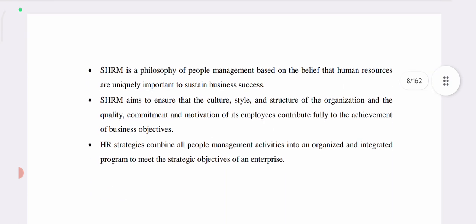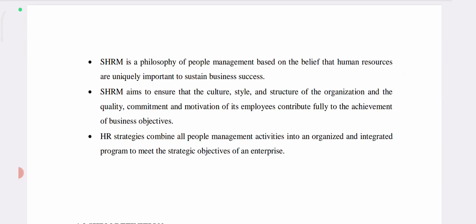Now basically we can say SHRM is a philosophy of people management based on the belief that human resources are uniquely important to sustain business success. SHRM aims to ensure that the culture, style and structure of the organization, and the quality, commitment and motivation of its employees, contribute fully to the achievement of business objectives.